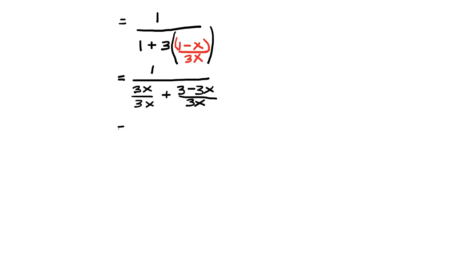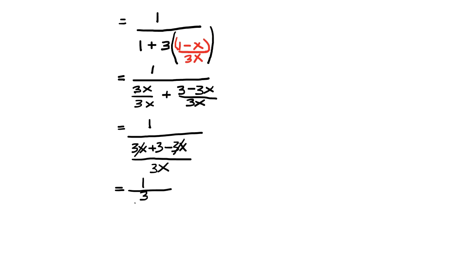We've already got it over the common denominator. So this is 1, and now in the bottom you'll notice we have 3x plus 3 minus 3x all over the common denominator, which is 3x. In the top here, this is going to add up to be 3, so we'll have 1 all over 3 divided by 3x, and I see that this is going to factor out to be 1.